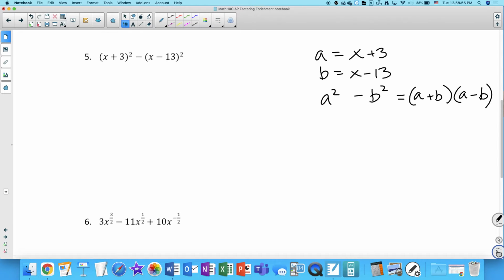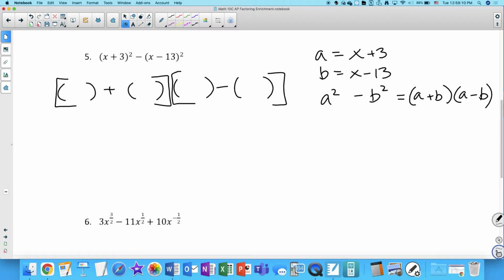So what we can do with this is I would use some maybe bigger brackets because we're going to have brackets within brackets. That's the overall structure. The first binomial in each bigger bracket is going to be the square root of x plus 3 squared, which is just x plus 3.